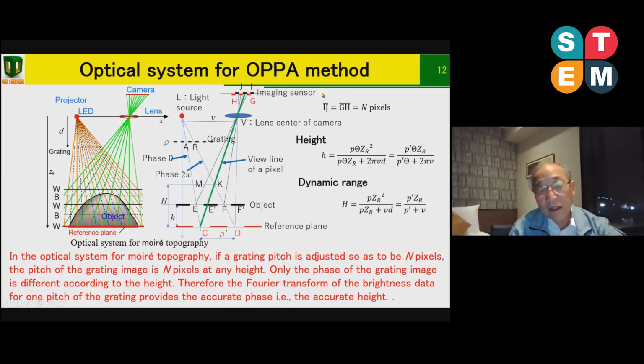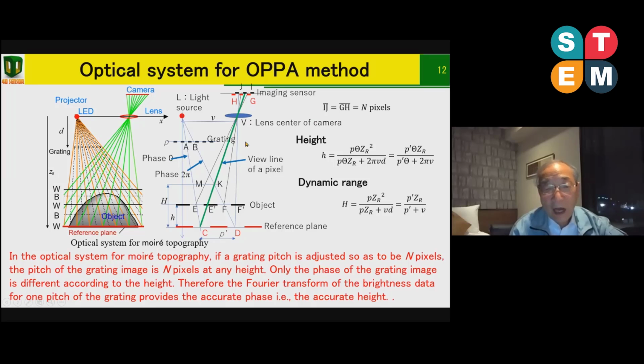Then we can obtain that one pitch every time gives 9 pixels. It doesn't depend on the height. For any height of the object, if we extract one pitch, it is a constant pixel number.